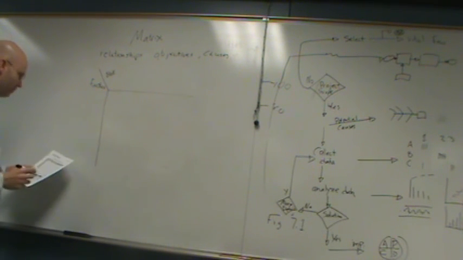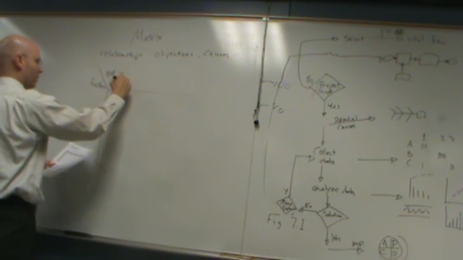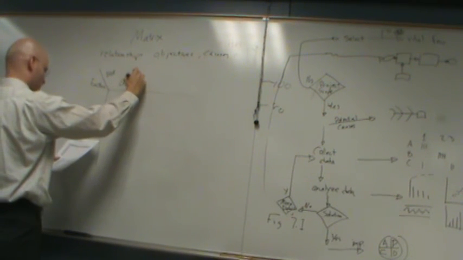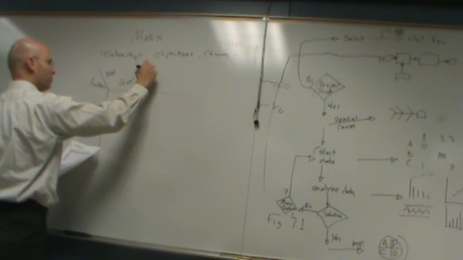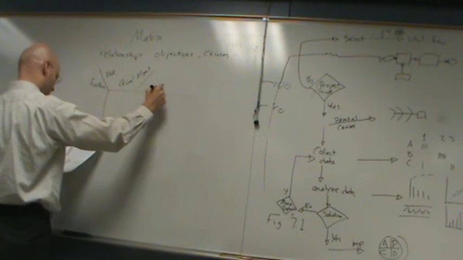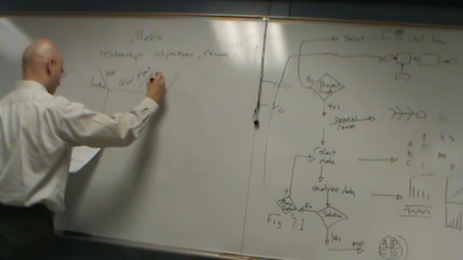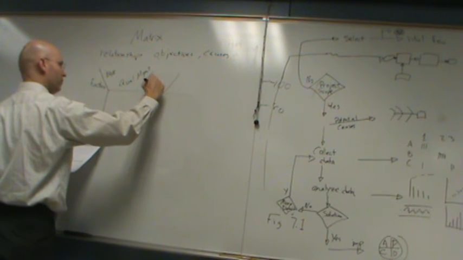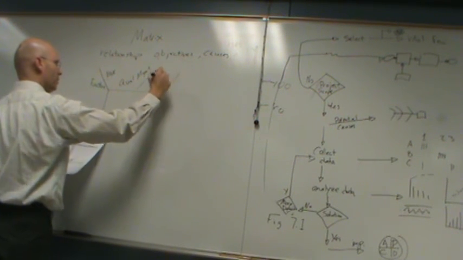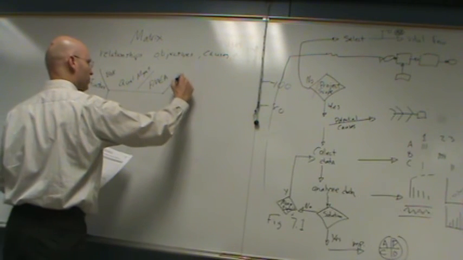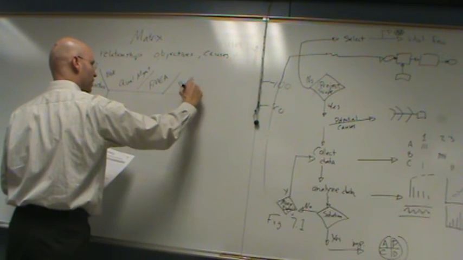BOK stands for Body of Knowledge. So we have quality management concepts. That was our first section in our book. Let's say we have our A, basic stats.